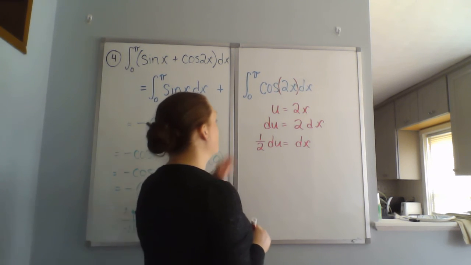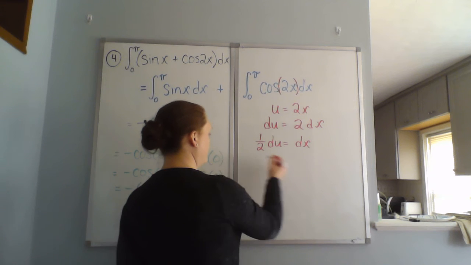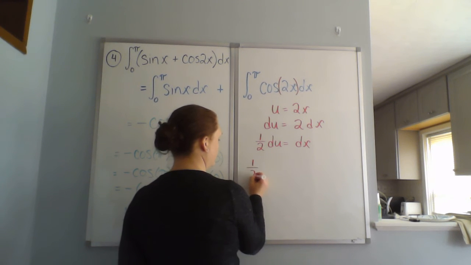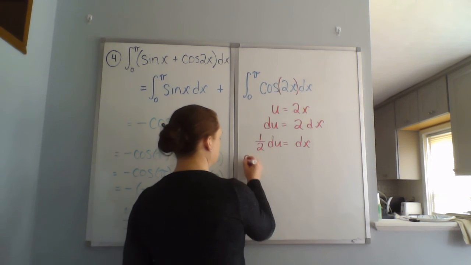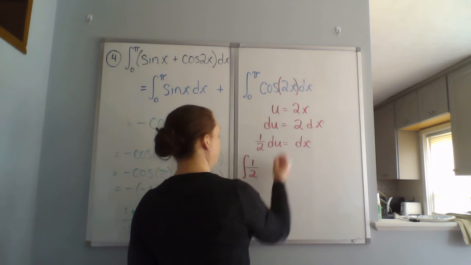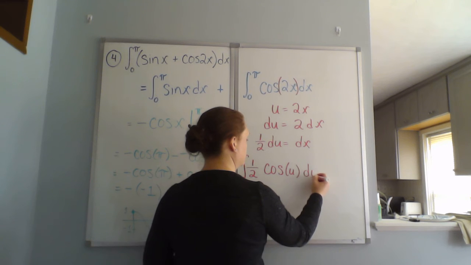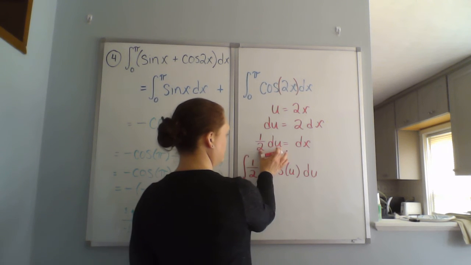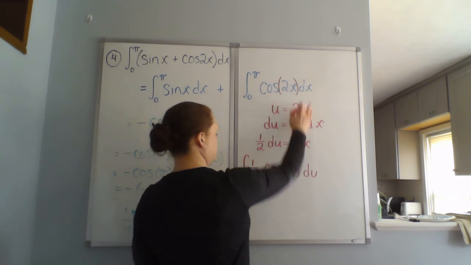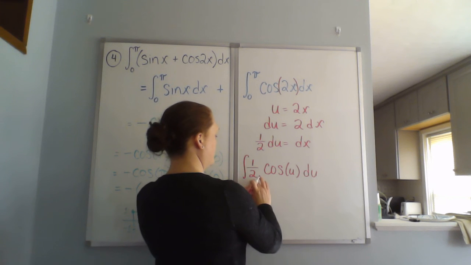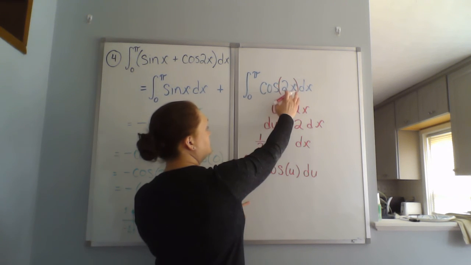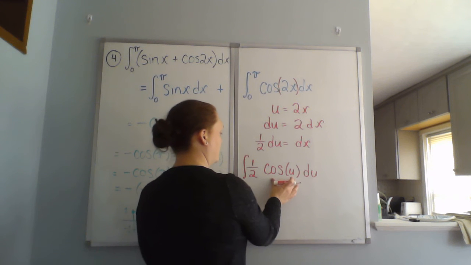Okay? So that means this integral can be rewritten with a 1/2 cosine of u and a du. So the 1/2 du is taking the place of the dx. I'm just splitting them so that I have the du at the end, the 1/2 out in front. The 2x is replaced by a u. All right.